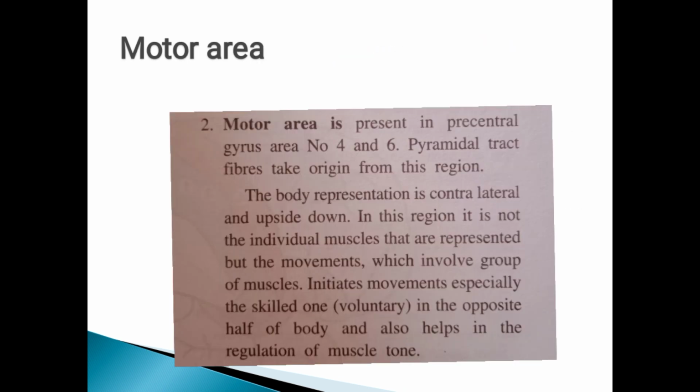Mainly from areas 4 and 6, the pyramidal tract fibers take origin. You know the pyramidal tract, mainly the corticospinal tract, which initiates voluntary movements. Those impulses arise from areas 4 and 6.